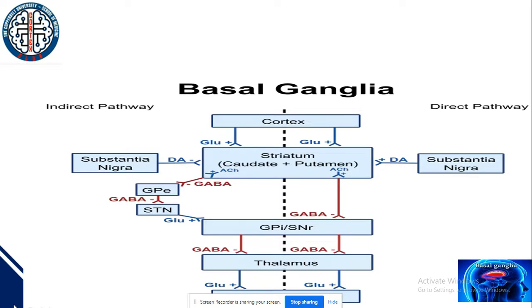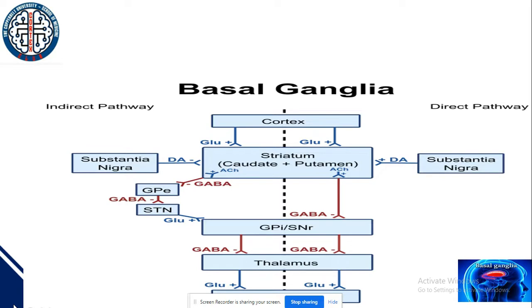Just as we said earlier, these two parts of the globus pallidus have different roles, in that the globus pallidus externus is involved in the indirect pathway, while the globus pallidus internus is involved in the direct pathway. After GABA has acted on the globus pallidus externus, it is also going to produce GABA.